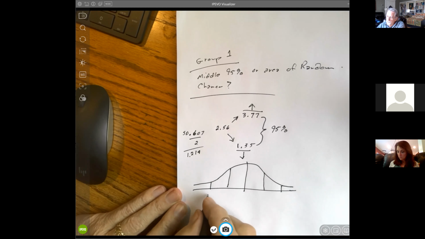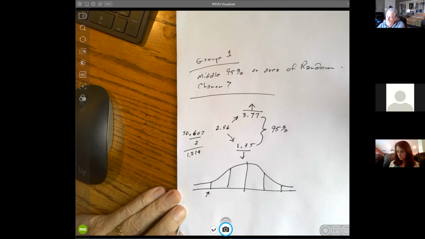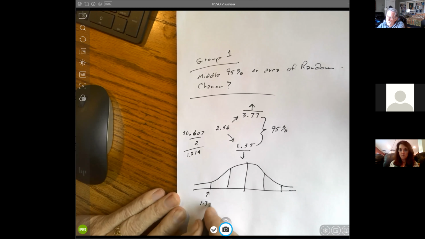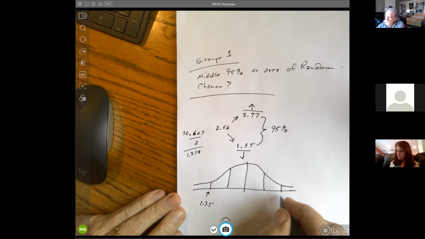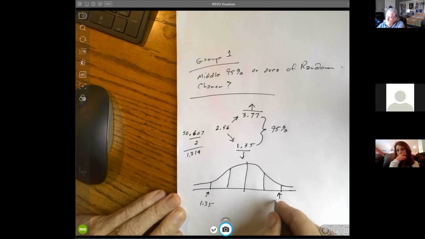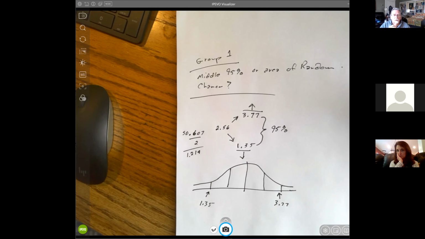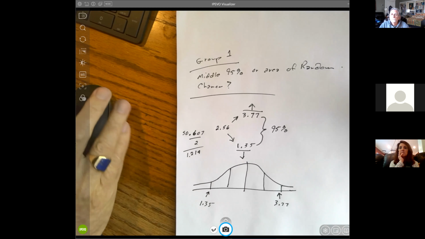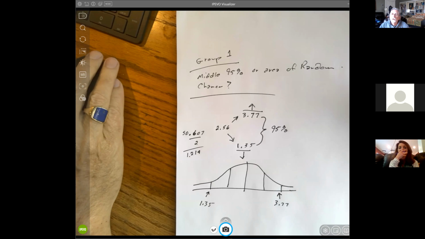The points at which this 95% range would fall are 1.35 on the low side and 3.77 on the high side. Okay, let's get out of this little share.